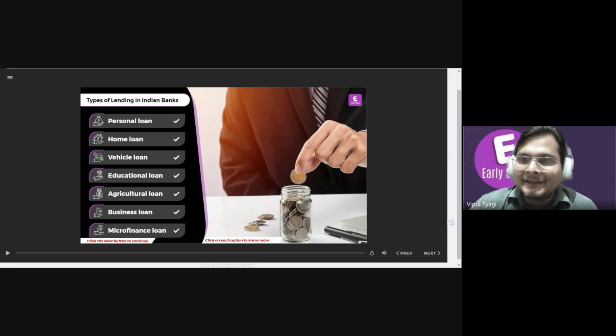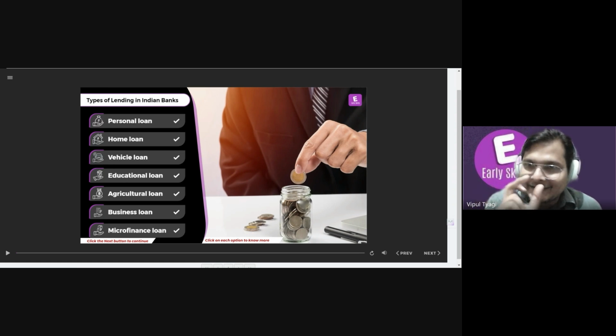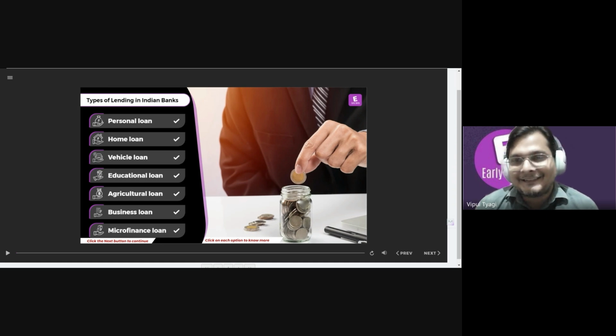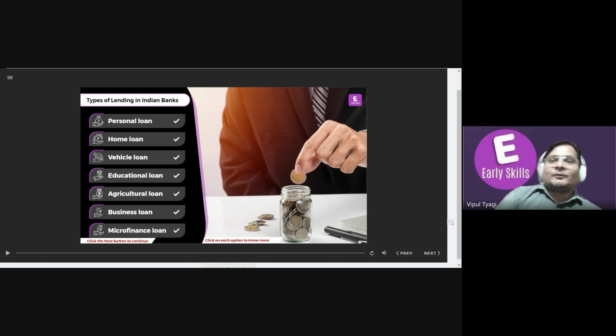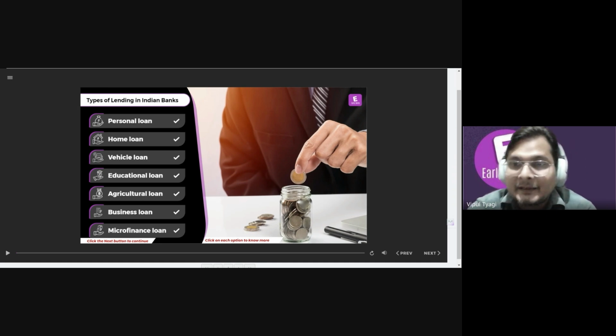Hypothecated means that on this vehicle, this owner has taken some loan. So even if he wants to sell this vehicle to anyone, nobody will purchase it until that word hypothecated is written on that RC. Understand? So until he repays the loan, he cannot even sell that particular vehicle.